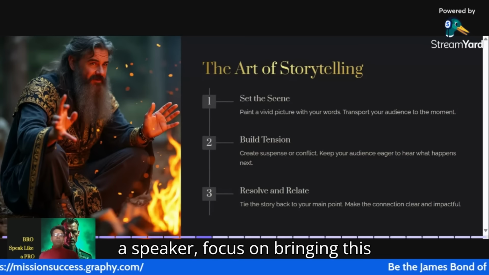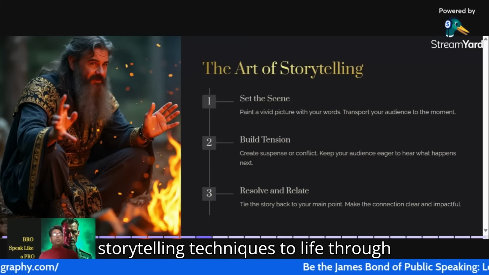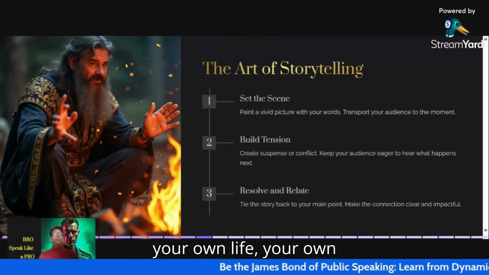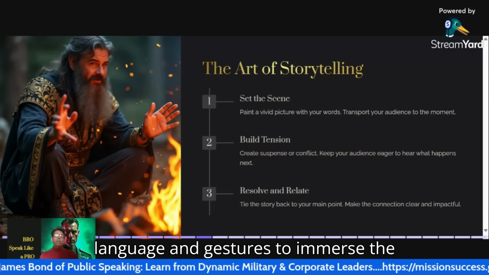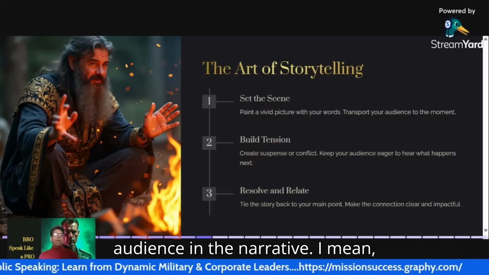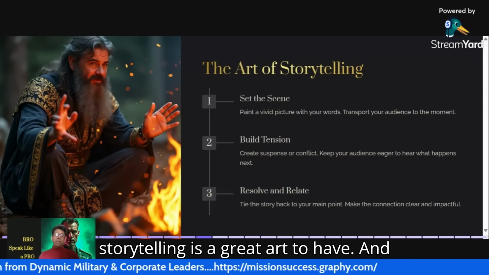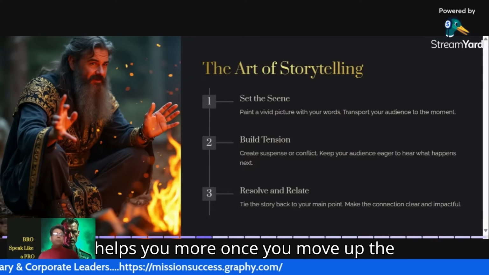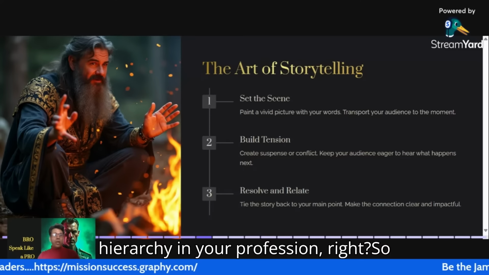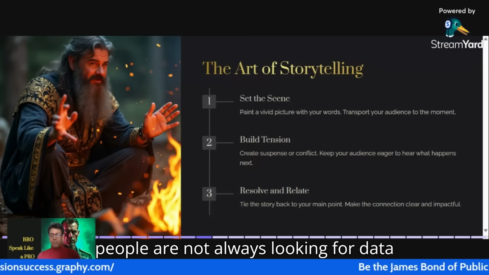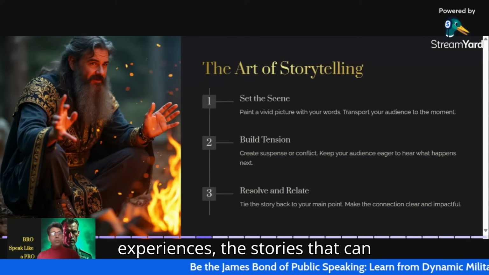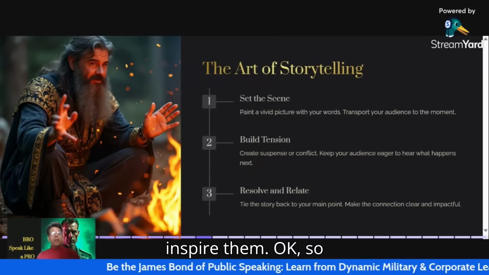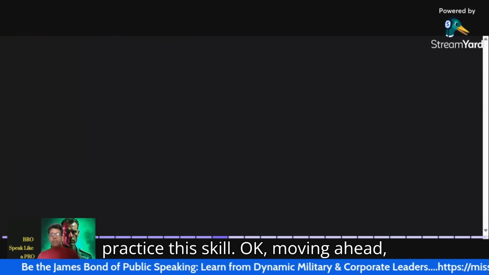As a speaker, focus on bringing these storytelling techniques to life through your own unique delivery style, use expressive language and gestures to immerse the audience in the narrative. I mean, storytelling is a great art to have, and it helps you more once you move up the hierarchy in your profession, right? So people are not always looking for data from you, but they're looking for experiences, the stories that can inspire them. Okay, so practice this skill.